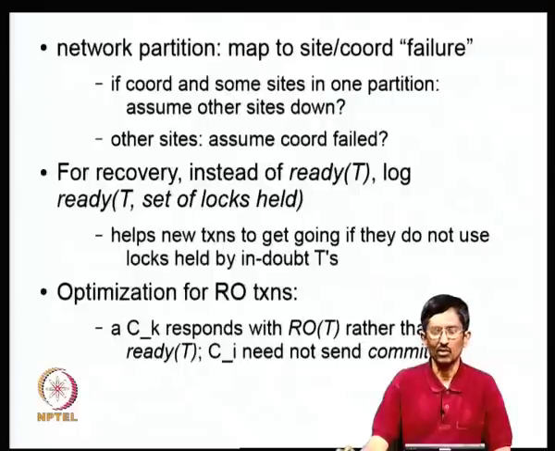Whereas when we talk about other systems on the web, we can do with some amount of inconsistency, so their availability is more important. Here the idea is to keep waiting till the coordinator comes up, till the situation becomes clear. For optimization, there are some optimizations people often do.